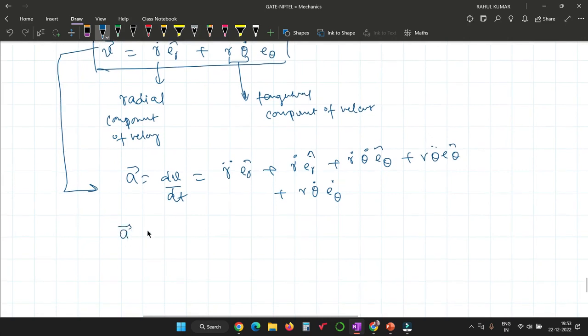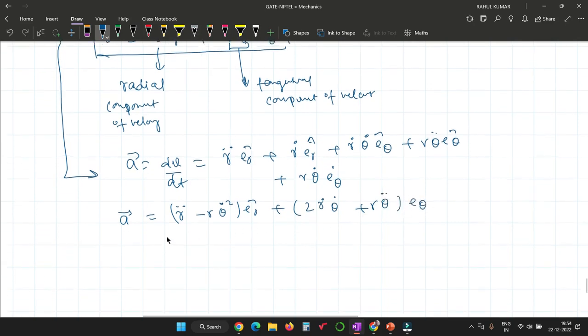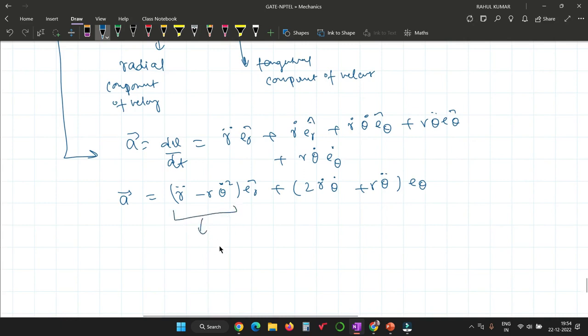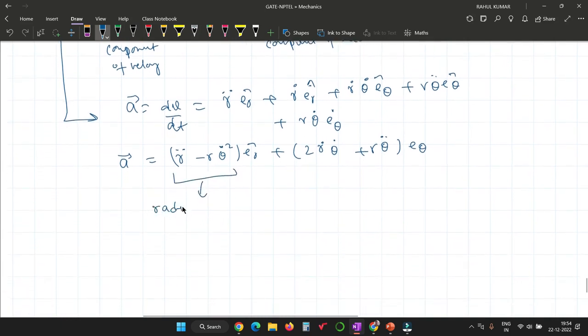After simplification, you will get (r double dot minus r theta dot square) er plus (2 r dot theta dot plus r theta double dot) e theta. This first component is called the radial component of acceleration, and this is called the tangential component of acceleration.